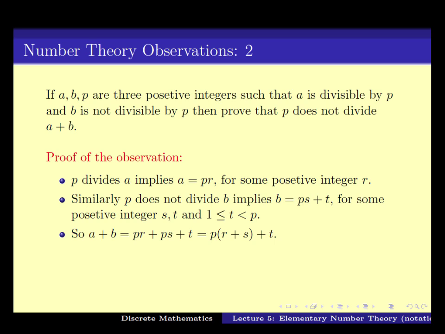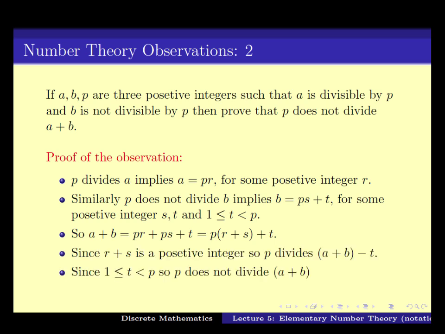So we can see that a plus b equals p times (r plus s), which is a positive integer multiple of p, plus a number t, which by the definition of t is greater than or equal to 1 and less than p, or in other words it is not 0. So by the definition it shows that p does not divide a plus b.